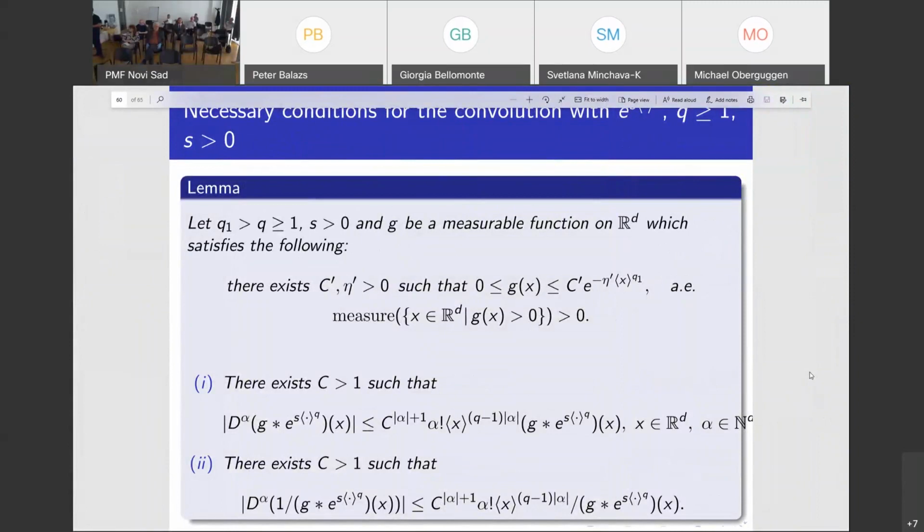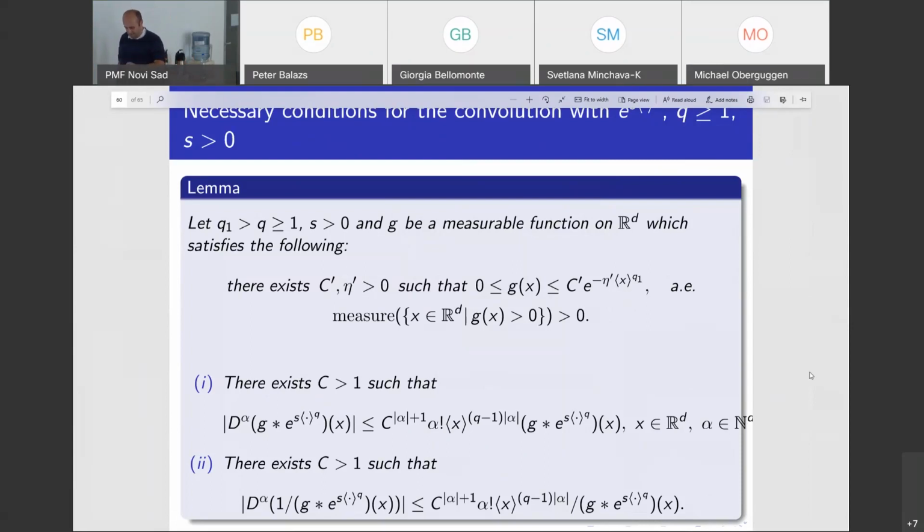We take some g, which doesn't even need to be smooth, just rapidly decreasing. You can see this is rapidly decreasing, so it doesn't even need to have a derivative. And then we examine the convolution, which is okay. It is not so hard to handle.